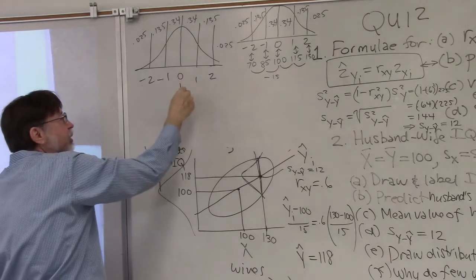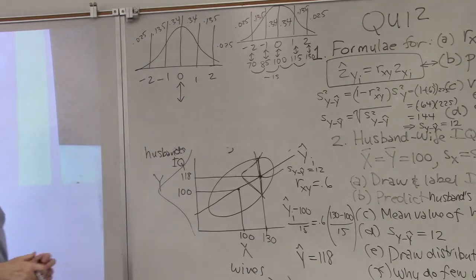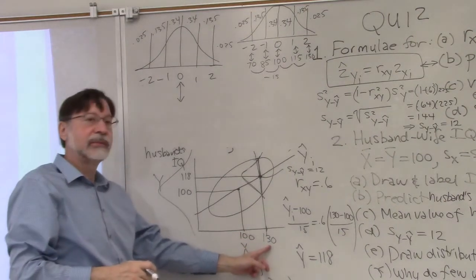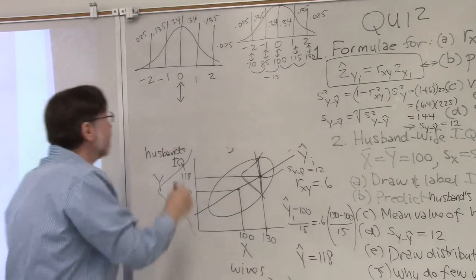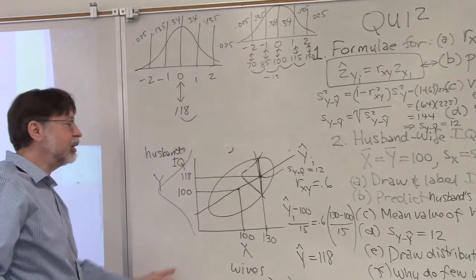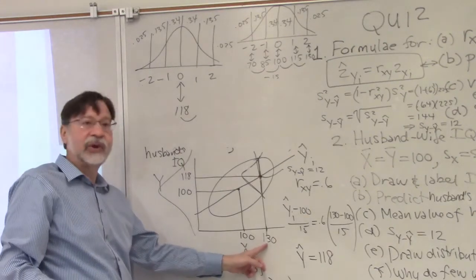Now, corresponding to the mean, what's the mean of the husbands' IQs now, given the wife has an IQ of 130? 118. So we'll put 118 here. And what's the standard deviation of their IQs now that we know the wife has an IQ of 130?